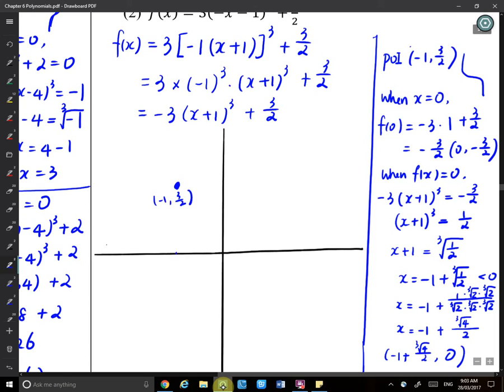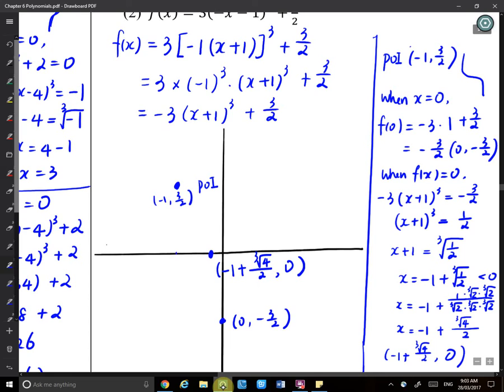And I have 0, -3/2, which is here. And I have a really small negative x-intercept because it's quite close to 1, this number. So it's -1 plus cube root of 4/2, 0. This point is the point of inflection.